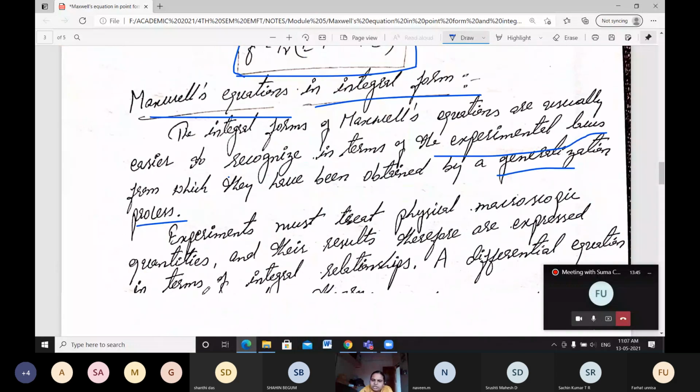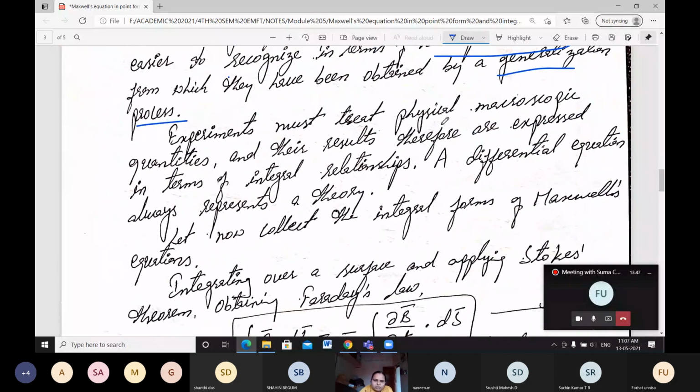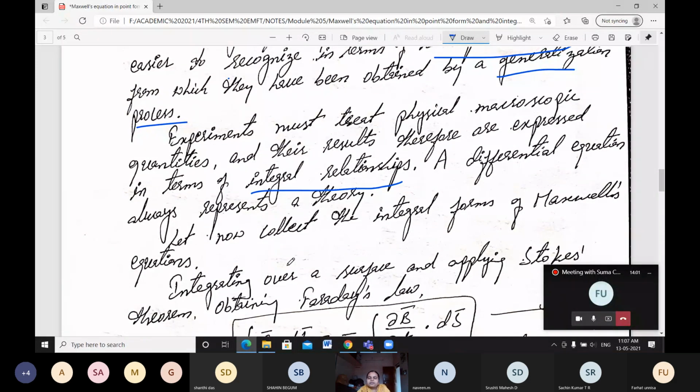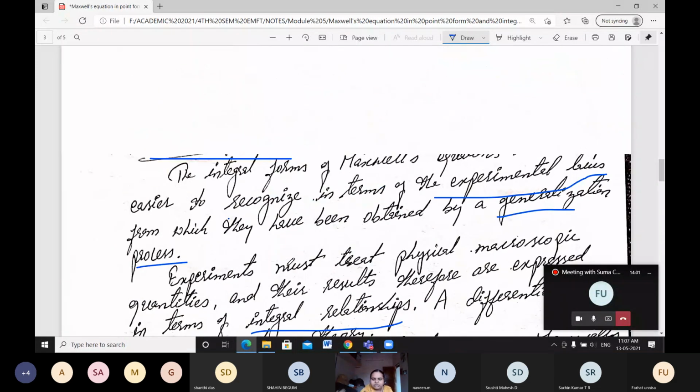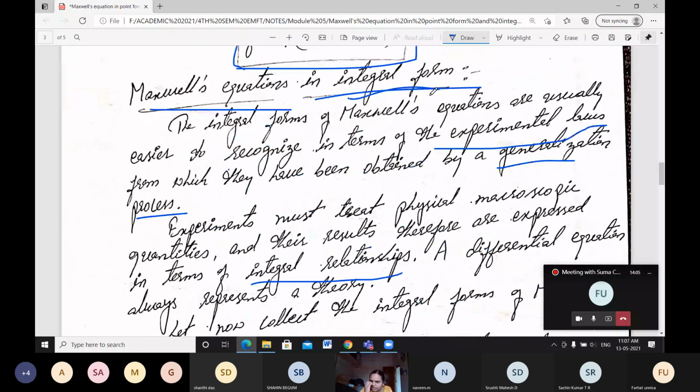The experiments must treat physically macroscopic quantities, and their results are therefore expressed in terms of integral relationships. A differential equation always represents a theory. Then why are we taking the equations in integral form? Whatever methods we learn, they do not give a generalized equation in terms of differentiation.